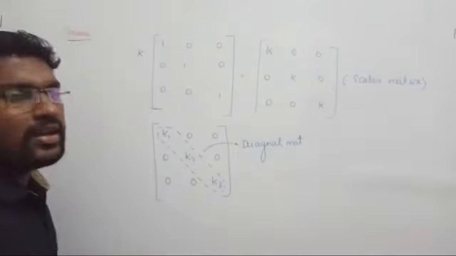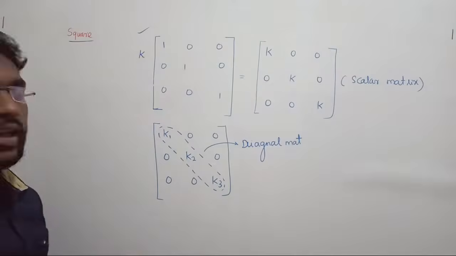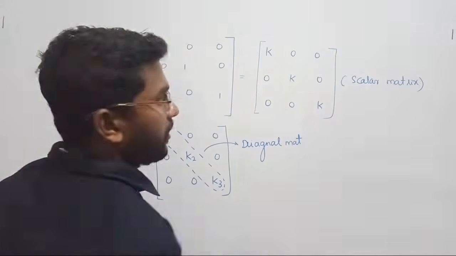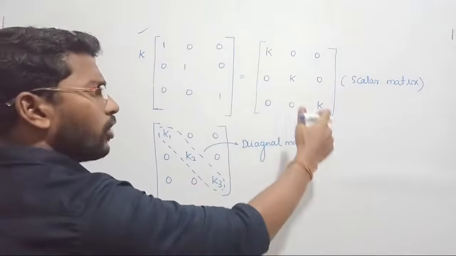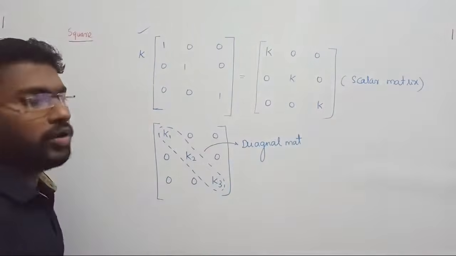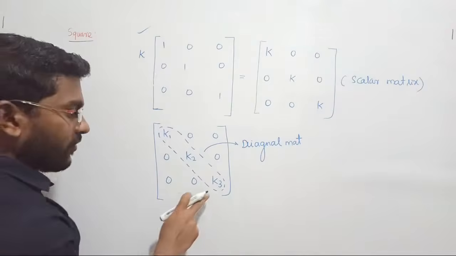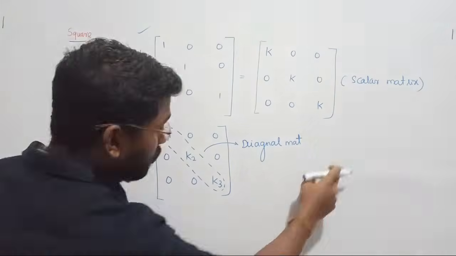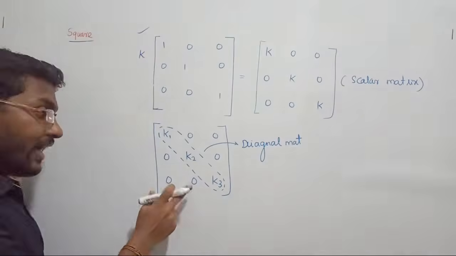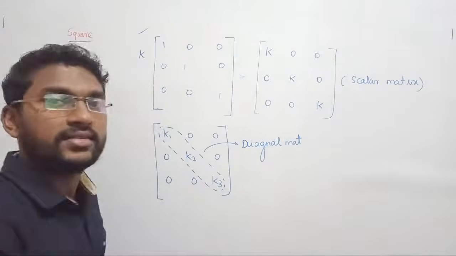So what is the difference? First we learned about the unit matrix. Second, we learned about the scalar matrix. There might be an overlap between them: when k equals 1, the scalar matrix is equal to the unit matrix. A scalar matrix can also be considered a diagonal matrix, but a diagonal matrix cannot always be considered a scalar matrix.